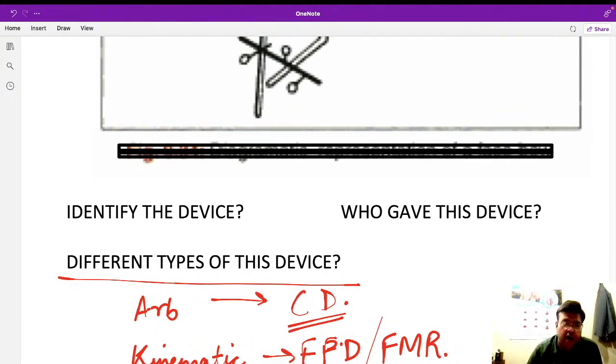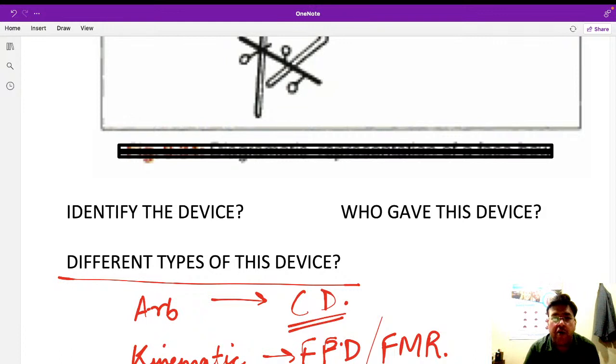Arbitrary is used for complete denture, and for FPD and FMR, full mouth rehab, you use kinematic. So whenever you have to change the vertical dimension, now unfortunately in Pulse, this question falls in the complete denture chapter, but it is a fixed partial denture question.